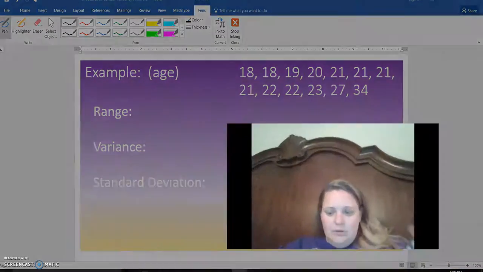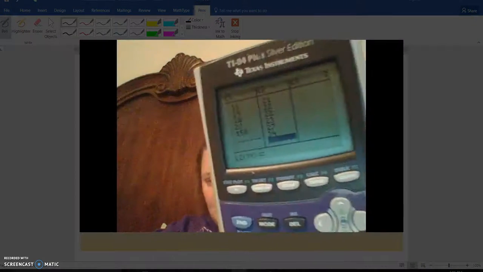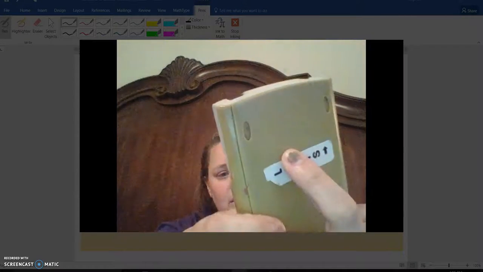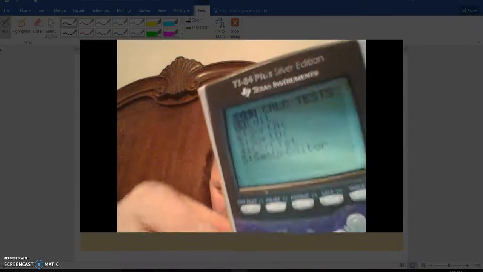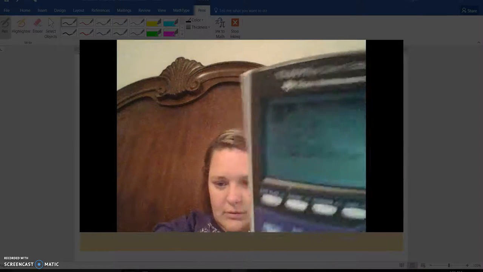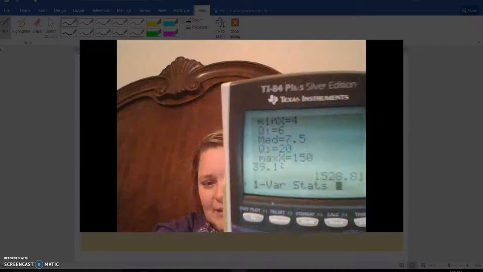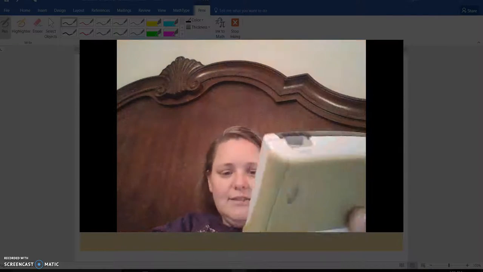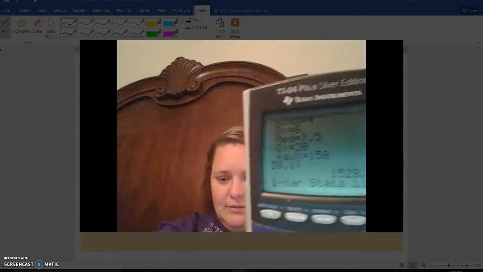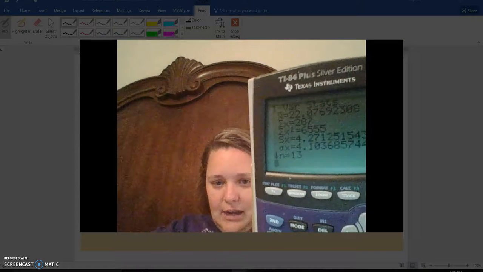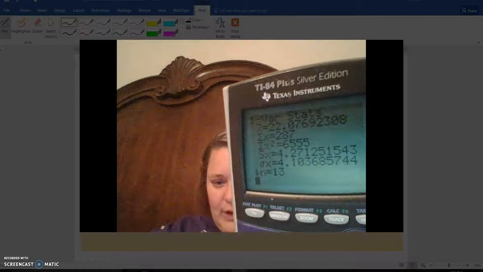Alright. Calculate, enter. And my stuff is in list 2, so I'm going to push second L2, second number 2. Alright, and so I got 22.1 is the mean.